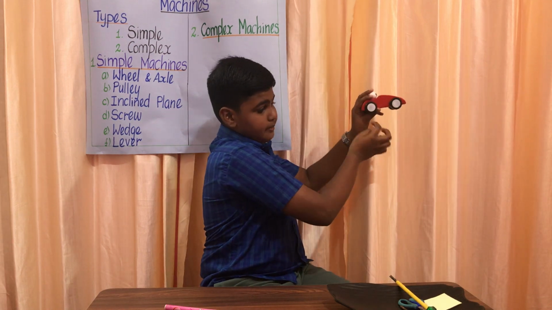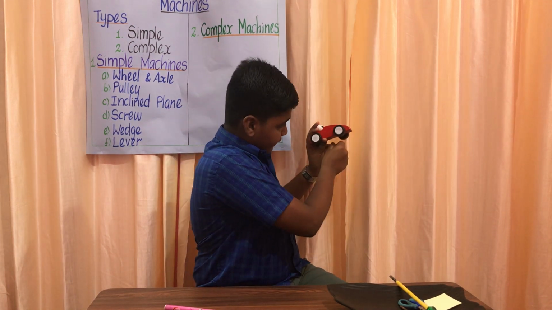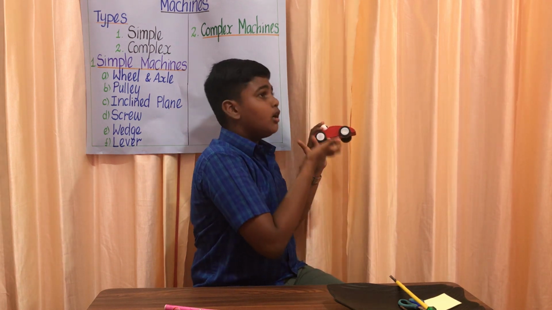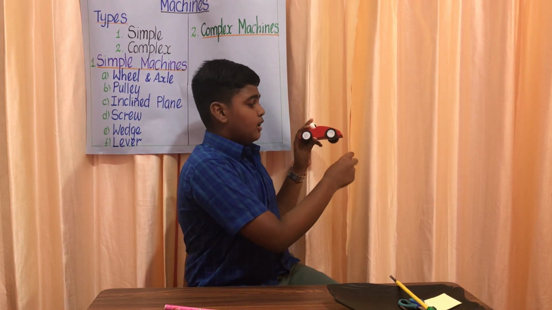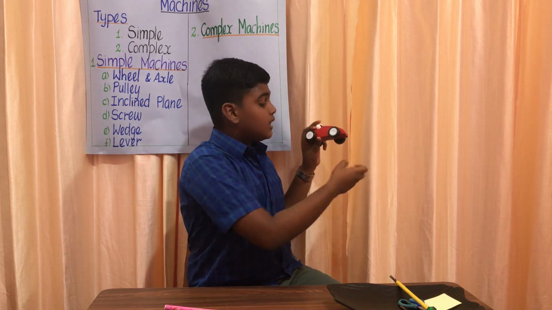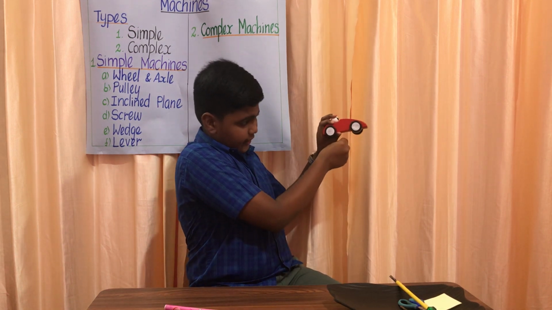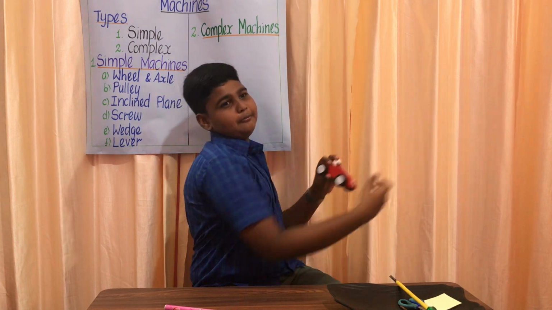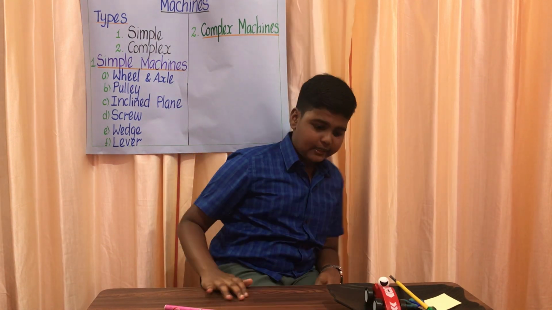Here there will be a rope. When we pull the rope on one side, here there will be a load like a rock or iron rod or some other things. For example, take a well. Here is a bucket of water. When we use pressure on one side, the bucket comes up. So this is the work of the pulley.